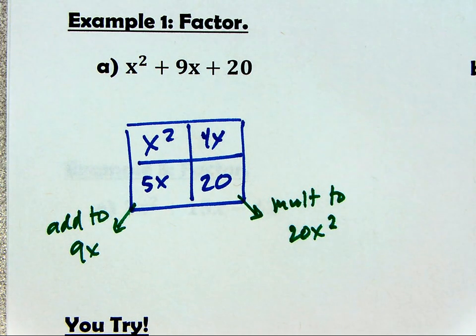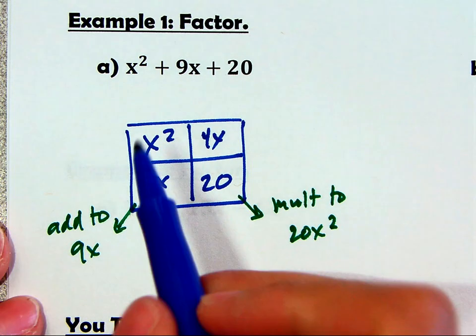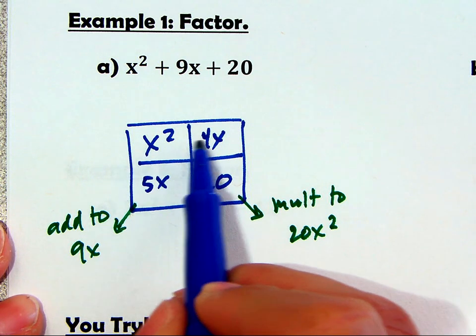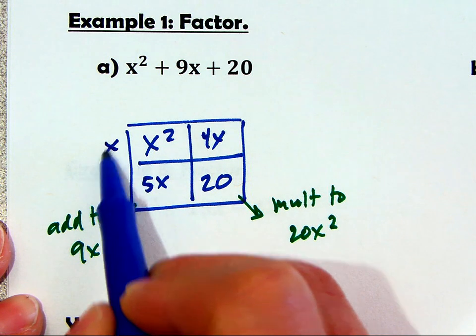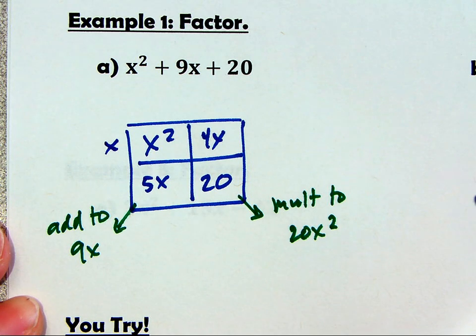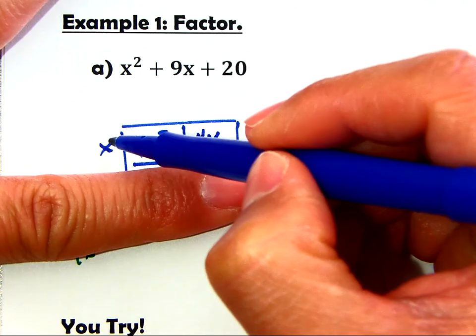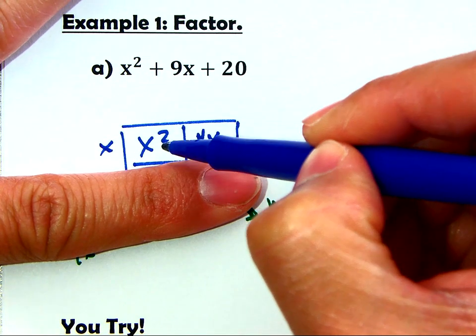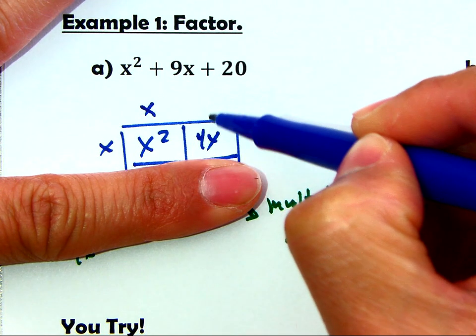Now that we've completed the inside of the box, we're going to figure out what are the factors that go on the outside of the box. If I look at just the top row, x squared and 4x, they both have an x in common. Now I can figure out what factor I would multiply with x to make x squared. Well, I need another factor of x. And what factor would I need here to make 4x?